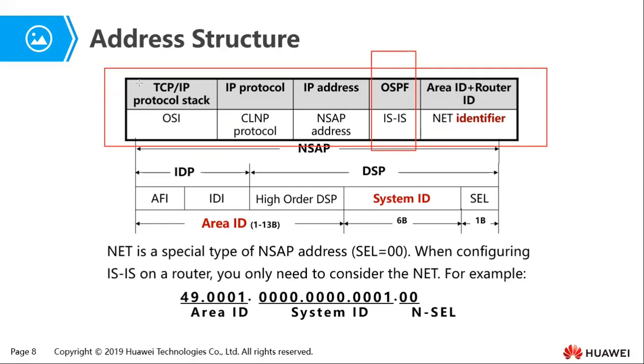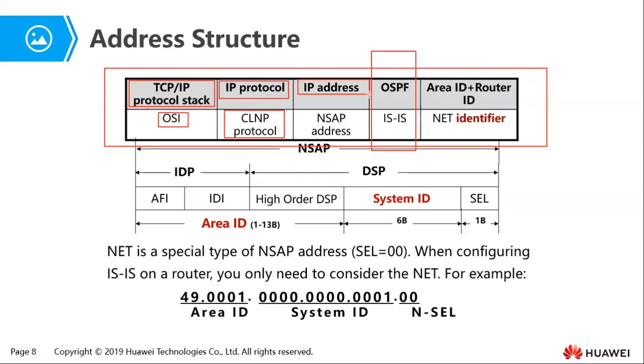So in the first column here, they are saying that OSPF was defined under the TCP/IP protocol stack, while IS-IS was defined under the OSI, the Open System Interconnection Model stack. So OSPF is an IP protocol, while this one was designed to be a CLNP, Connectionless Network Protocol.